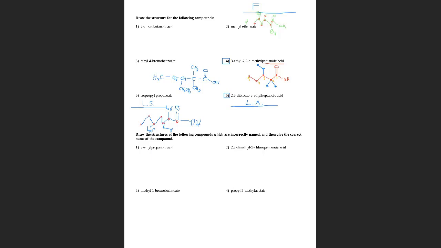Yeah, very good. So this is 2,5-dibromo, and you had 2 and 5, and 3 ethyl, and you did that well, absolutely. Awesome job, Frank. Excellent, well done. You nailed it. Both of you did excellent.